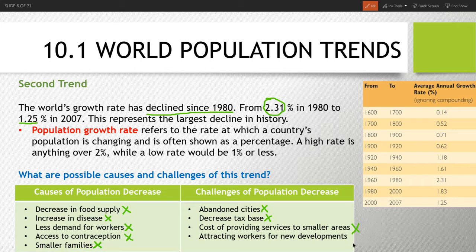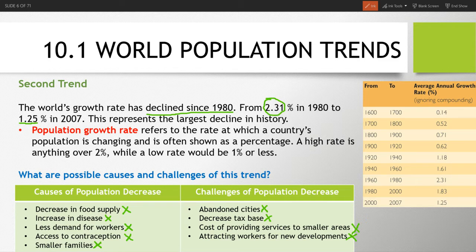And finally, attracting workers for new developments. Right? So if the population has declined and there are still needs that the population has, for example, maybe there does need to be a new hospital built to service the population in a given area. If the population is declining, chances are services, whether it's retail stores or whatever it might be, in that area over time may shut down or close, meaning that there's less services available there for people.